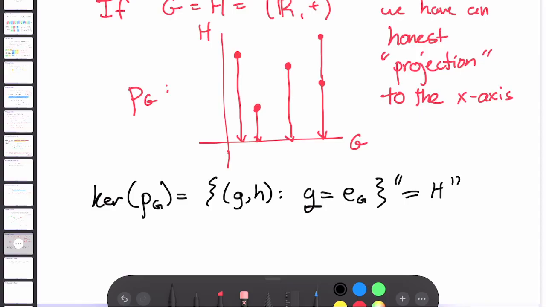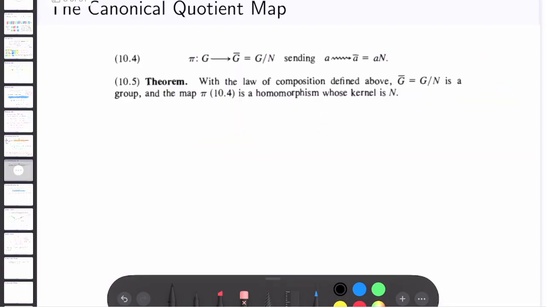And so if we take this in light of our previous theorem, the big theorem, I can't remember the number, 10.5.